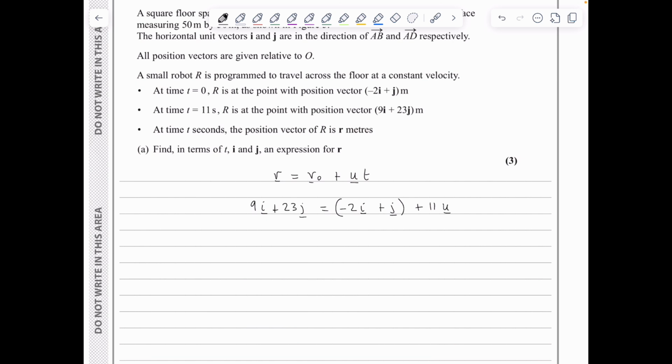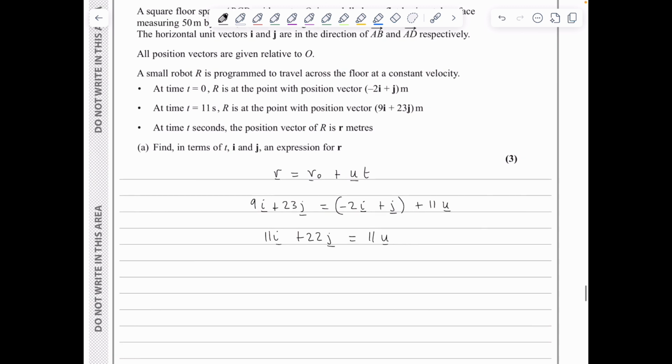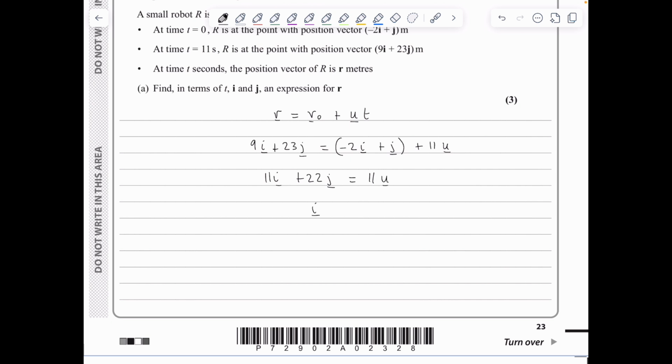This will help us determine the velocity vector. So if I collect all the i's and the j's on the left-hand side, I get 9 plus 2, it's 11i, plus 22j is 11u, and therefore the velocity vector is i plus 2j, so that's my u.